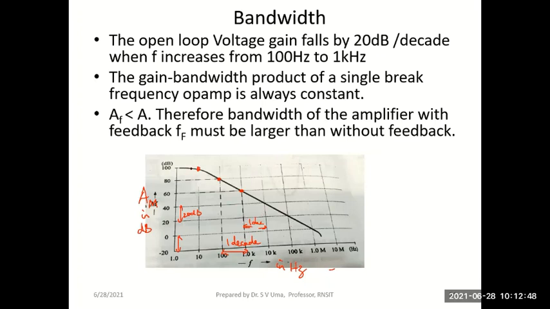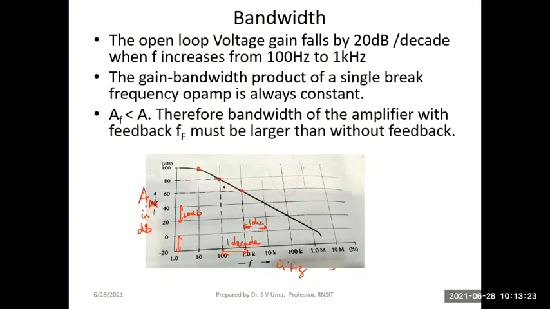So we have to consider the fact that the gain of a practical op-amp decreases as frequency of operation increases. Even if I am operating at 1K or 10K, I have a gain of only 60 decibels or 40 decibels, not more than that for an op-amp. Though we say op-amp is a high gain amplifier, we can't consider such high gain at the frequencies of operation we consider. Okay.